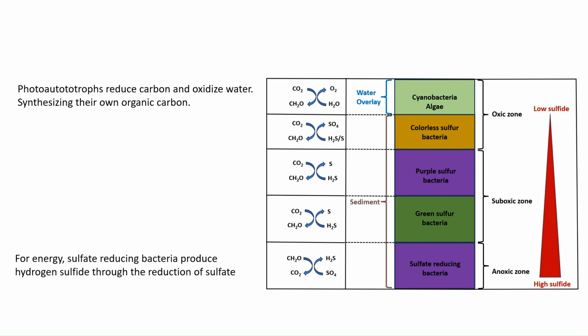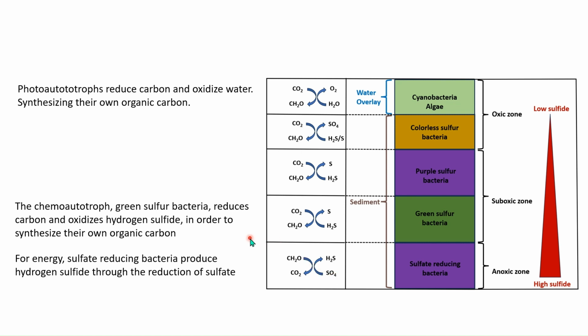And so if oxygen isn't present, we can use that sulfate and we can take our carbohydrate here and we can turn it into CO2. So we can oxidize it. And through oxidation, that means that it's handing its electrons over to the oxidizer, sulfate, instead of oxygen, and that creates hydrogen sulfide. Those are called sulfate reducing bacteria.